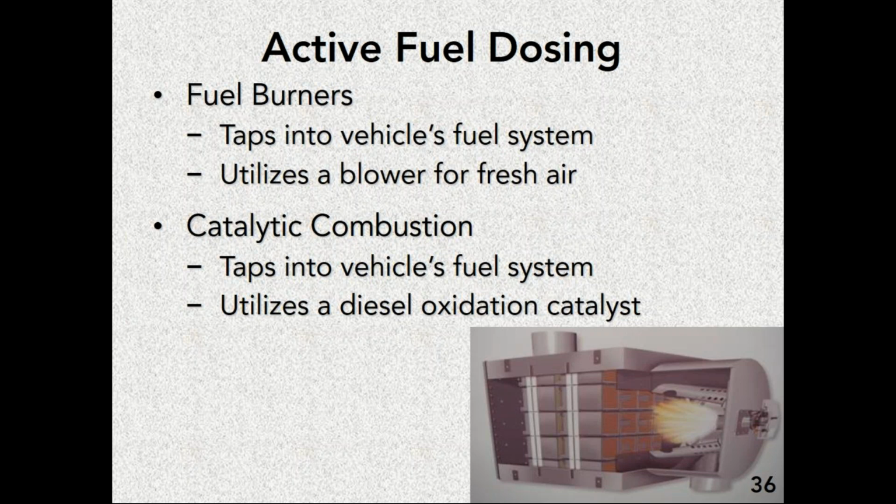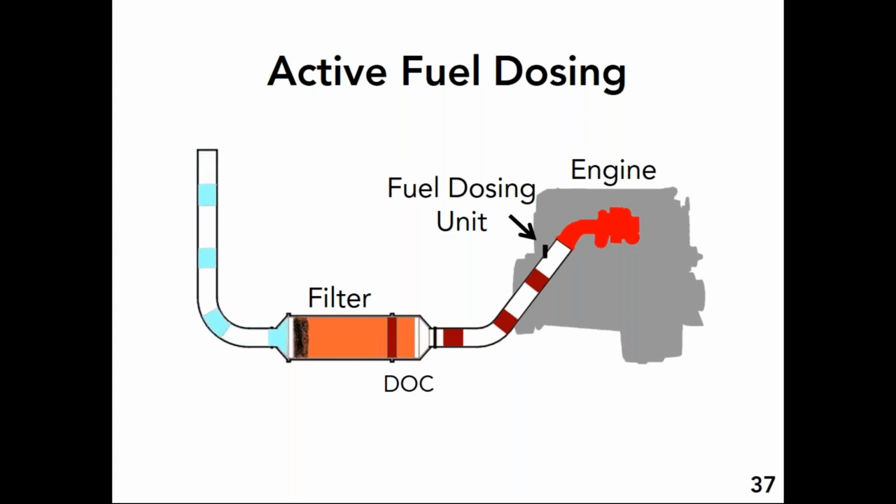The second type of active fuel dosing system uses catalytic combustion, where it taps into the vehicle's fuel system, but instead of having an actual burner, it uses a catalytic material. You can see right here an example where the filtration system is loading, then some fuel is sprayed into the exhaust. It goes through a diesel oxidation catalyst.